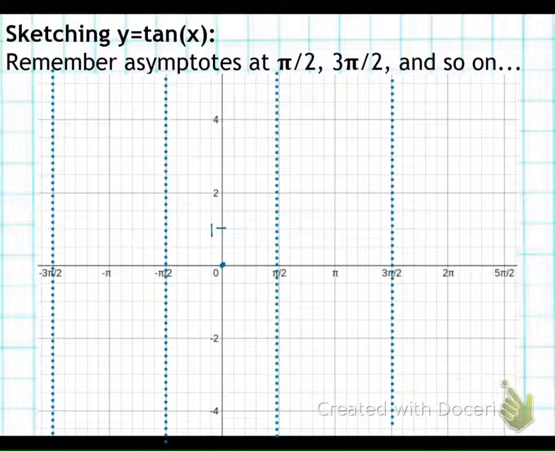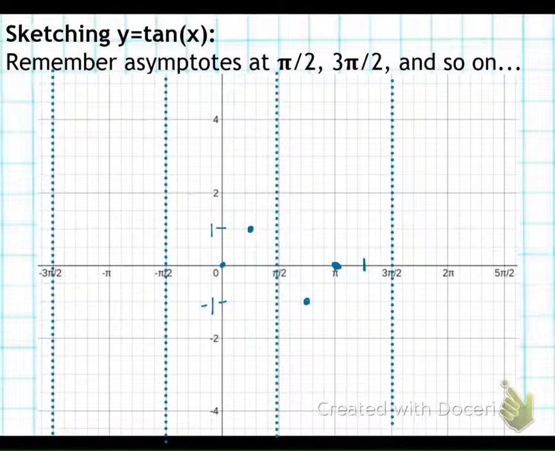And then just look at the key points, just like we did for cosine and sine. I'm going to focus on where tangent is equal to 0, 1, or negative 1. In this first interval, at 0, tangent is equal to 0, so I put a point there. At pi fourths, right in between 0 and pi halves, tangent's equal to 1, so my next point is there.